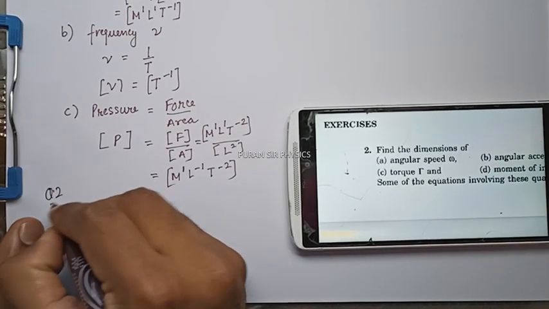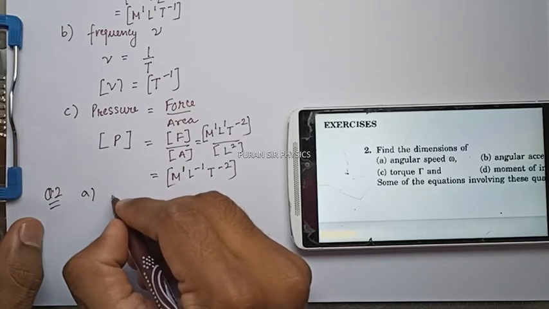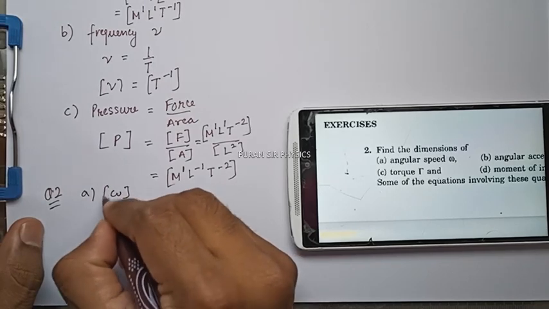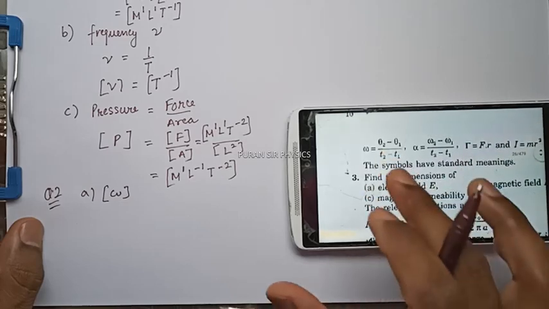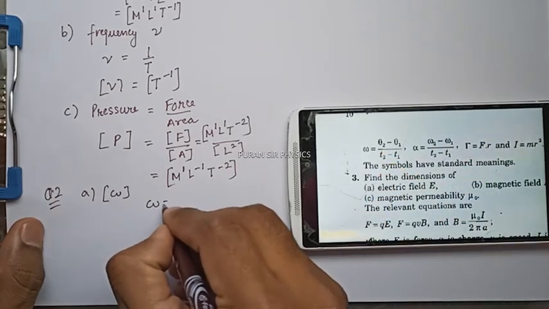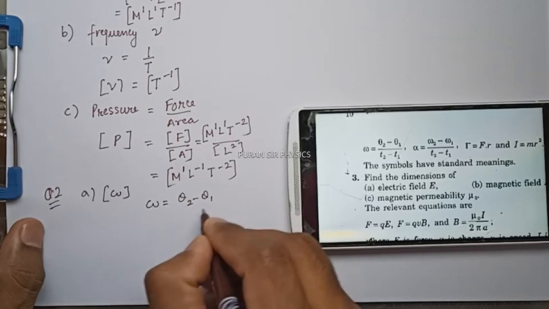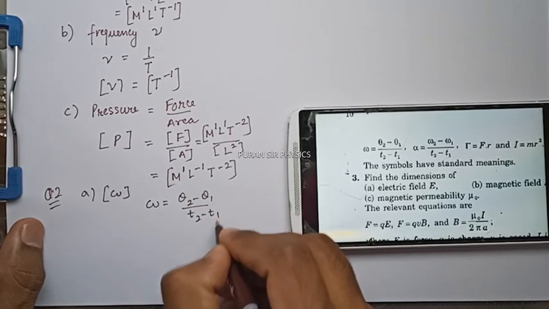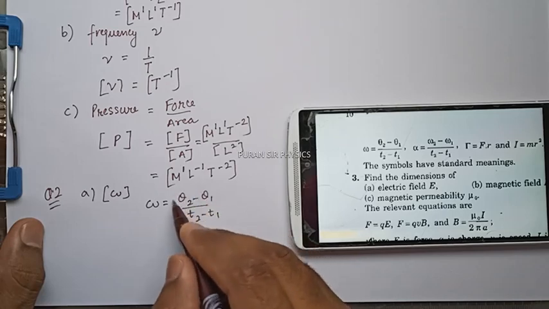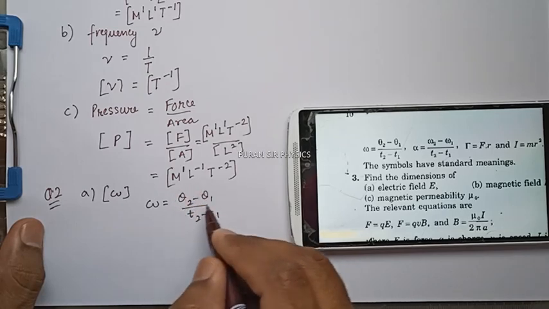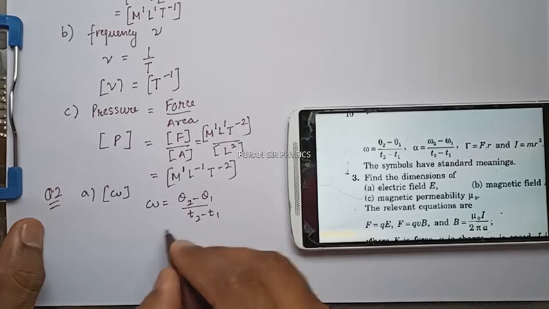In question 2, the first part is angular velocity. We have to find the dimension of angular velocity. Here we are given the formula: omega is equal to theta 2 minus theta 1 upon t2 minus t1. This theta is basically the angular displacement and it is a dimensionless quantity.